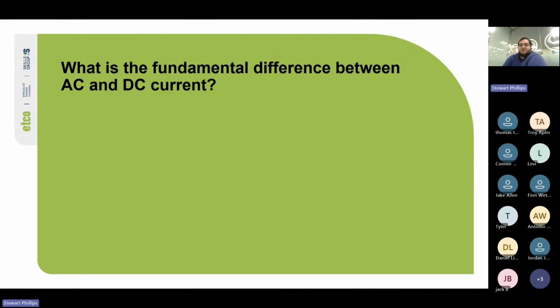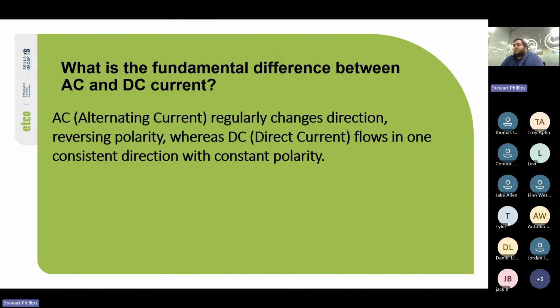So that's the basics of it. AC or alternating current regularly changes direction, reversing polarity, whereas DC direct current flows in one consistent direction with constant polarity, whether that is negative or positive, because you can get negative DC, or at least you can if you use your multimeter probes around the wrong way.